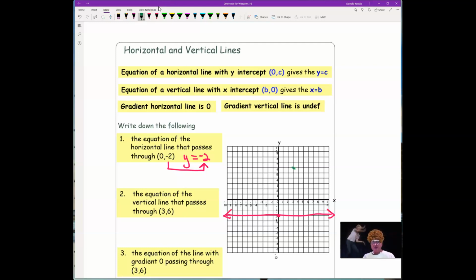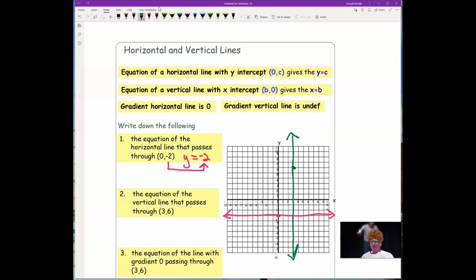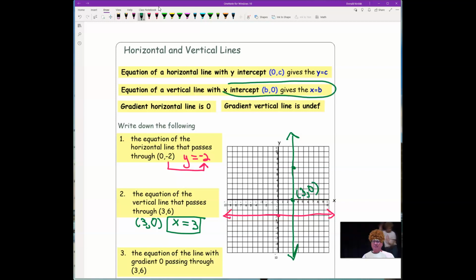So we got 3, 6, and we want a vertical line. For a vertical line, we know our x-intercept here is going to be 3, 0, so our equation is x equals 3.